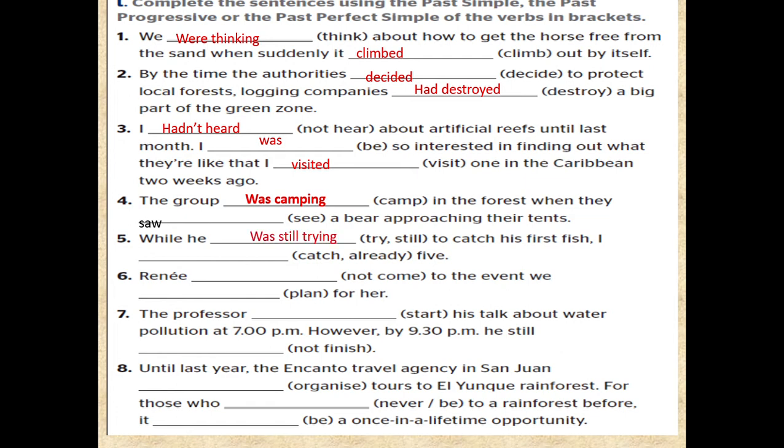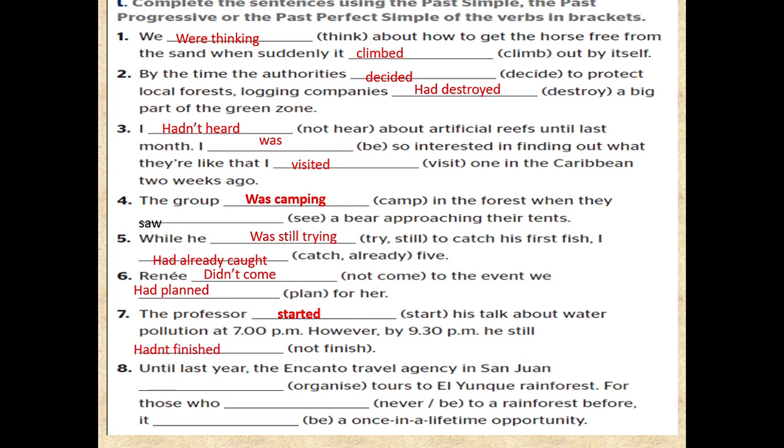5. While he was still trying to catch his first fish, I had already caught 5. 6. Renee didn't come to the event we had planned for her. 7. The professor started his talk about water pollution at 7 p.m. However, by 9:30 p.m. he still hadn't finished. 8.